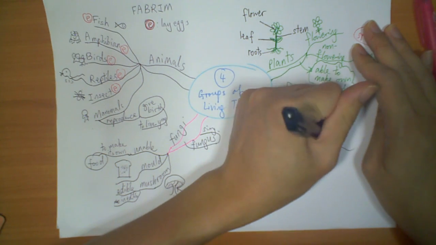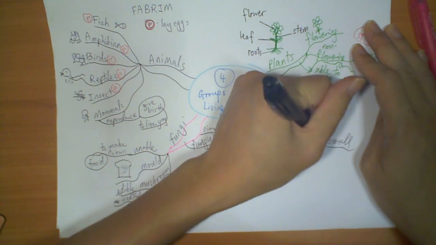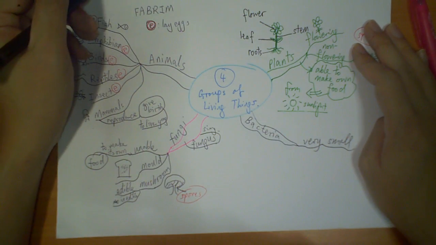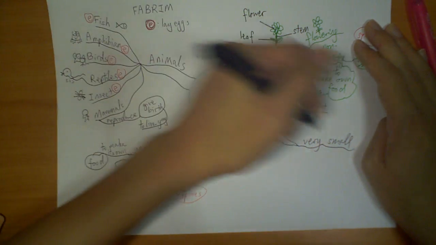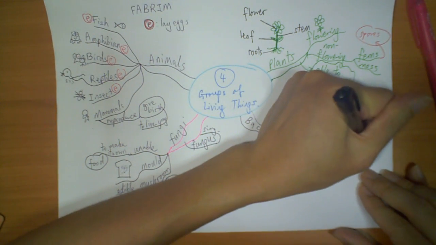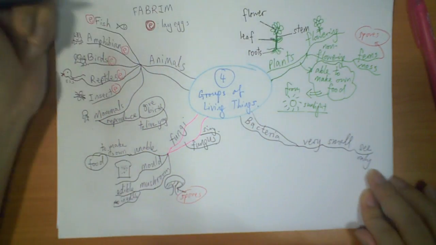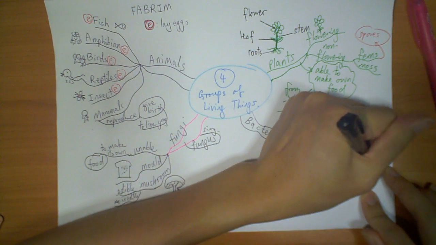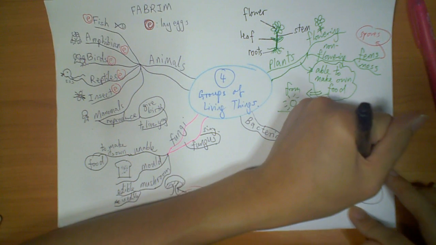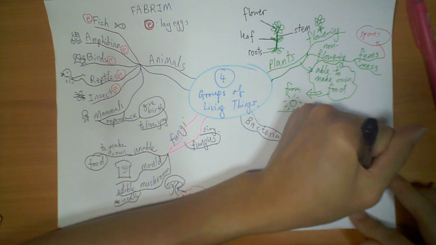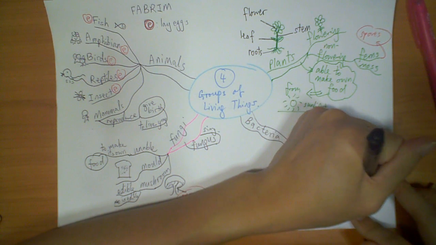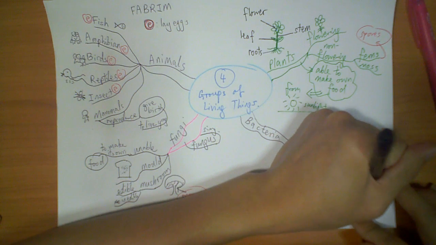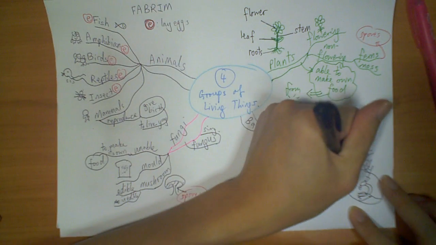They are not just small, they are very small, such that we are unable to see unless we use a microscope. Okay, so we can see only using, what is this thing called, a microscope.